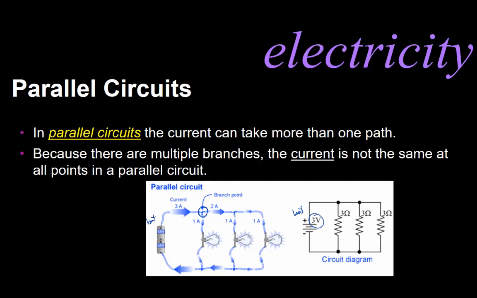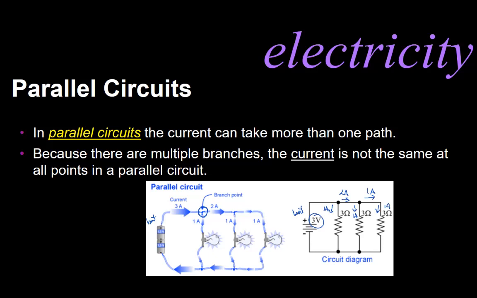So in this case, because we have 3 3-ohm resistors, it's going to be the same. And so each branch is going to end up having 1 amp, 1 amp, and 1 amp go down it. And then when they combine here, we have 1 amp going there, we have 2 amps going here. We have 1 amp at this point and 1 amp coming down here. This is 1 amp as well.